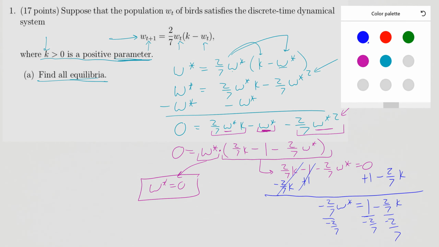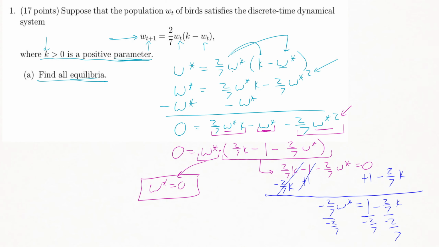And so what we'll end up getting, the 2/7 are going to cancel on this side, so I'm going to have a w star left equals. I can type 1 divided by minus 2/7 into my calculator to get a value.